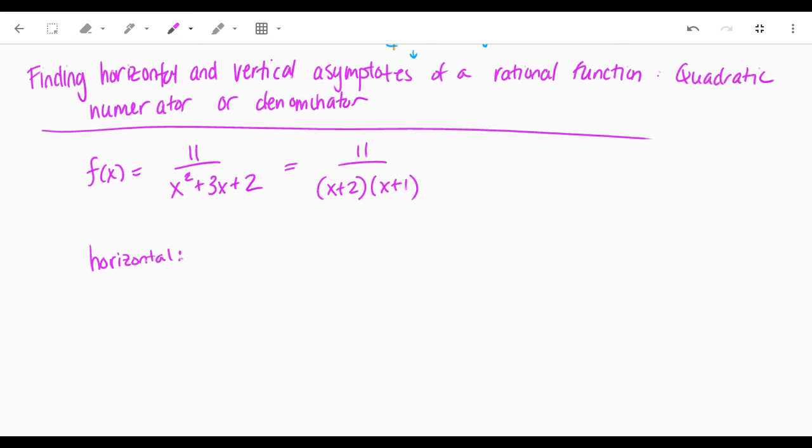So if the degree of the numerator is less than the degree of the denominator, which we saw in the constant over linear example, two up from this one, then it's going to be y equals 0. Okay, if they're equal, it's going to be the ratio of leading coefficients.